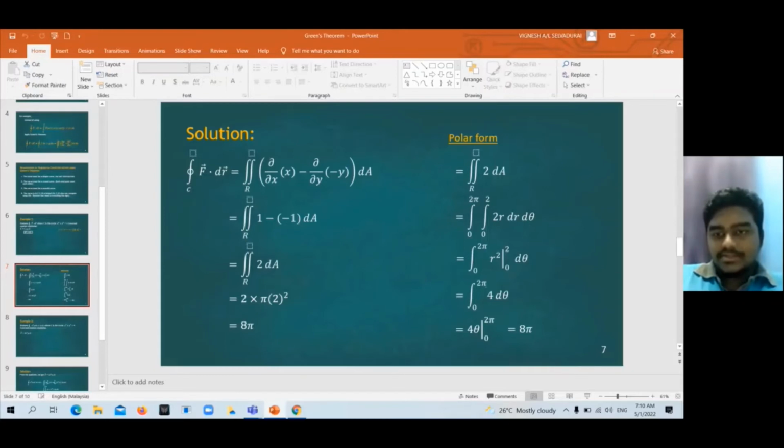Then substitute 2 pi and 0, and you can see here that we have 8 pi minus 0, which equals 8 pi. So the result is the same regardless of whether we take the shortcut by just multiplying 2 times the area of the region, or we convert to polar form and evaluate the longer way. That's all from me. Thank you.